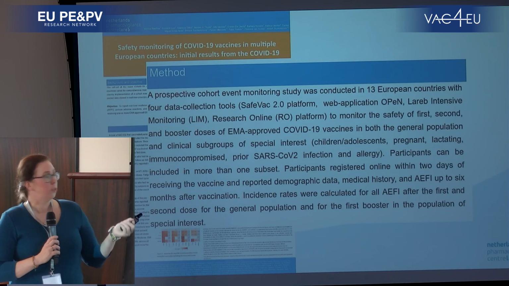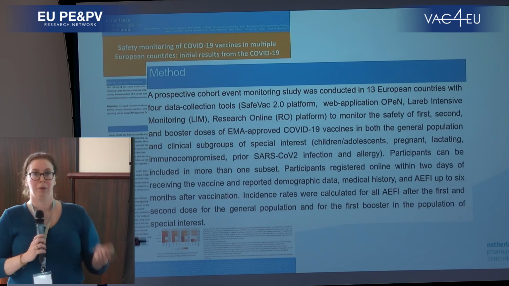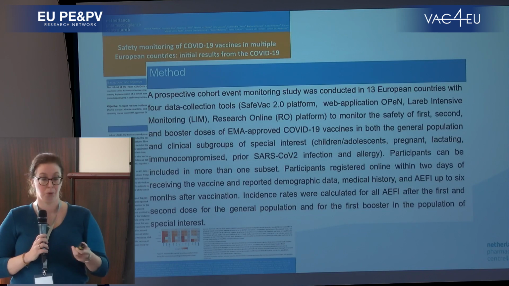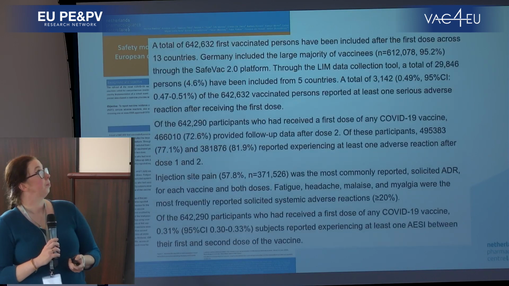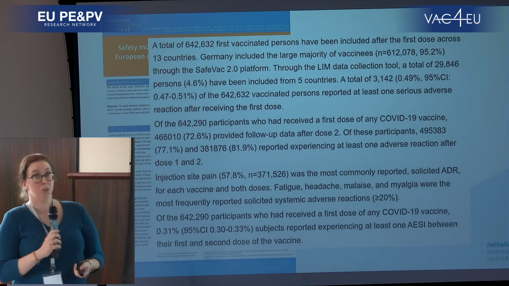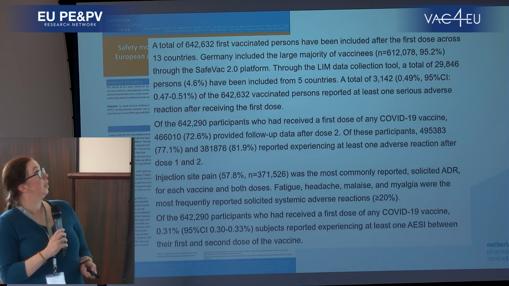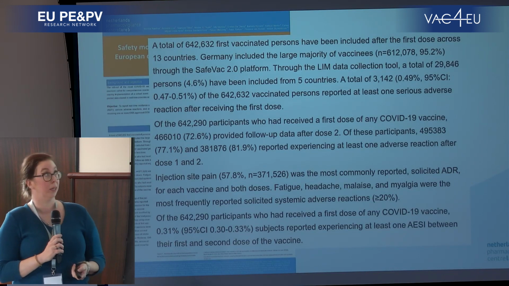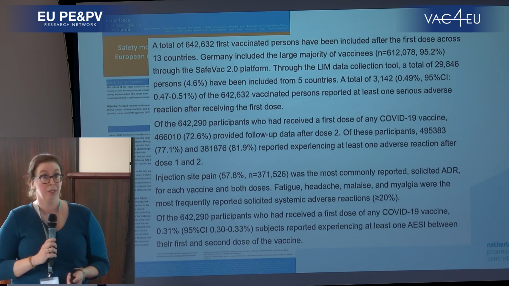So in this type of study, patients register, they fill out a baseline, and then they are followed during a period of approximately 6 months. Then what type of data, what amount of data do we have? Well, we have a lot of data in here. A majority of data is collected by the German colleagues with their system.